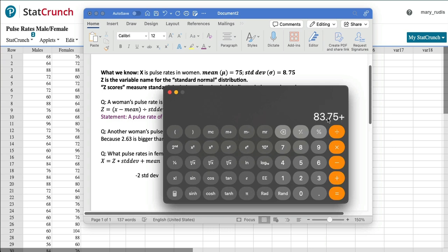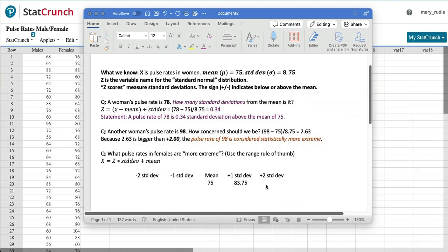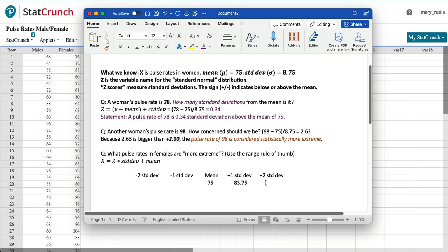And now let's add another 8.75. So we're just going to leave off where we just were, starting with the 83.75, add another 8.75 to that, and we get 92.5. So guess what? That's the cutoff on the upper end.